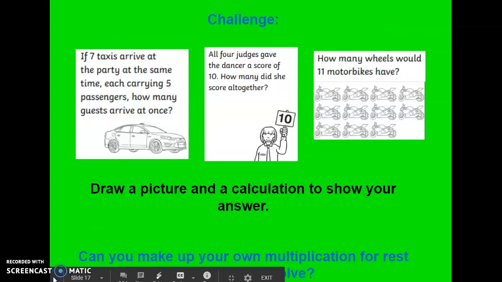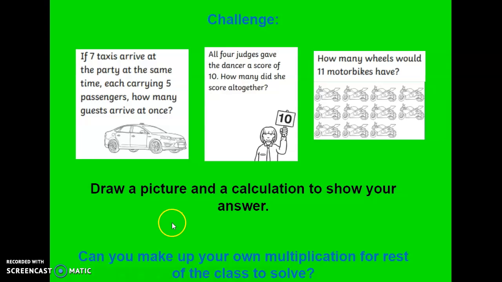And then your challenge for today, you have some problems, okay? So I would like you to read the problems, draw a picture and show the calculation. I would like to see that so that I know how you've answered the question, okay?